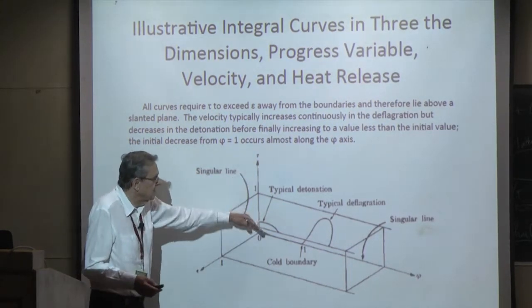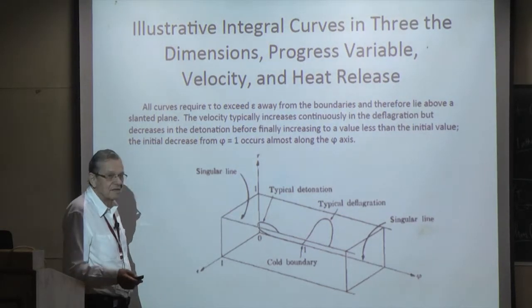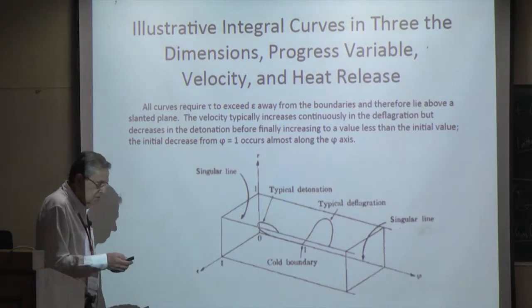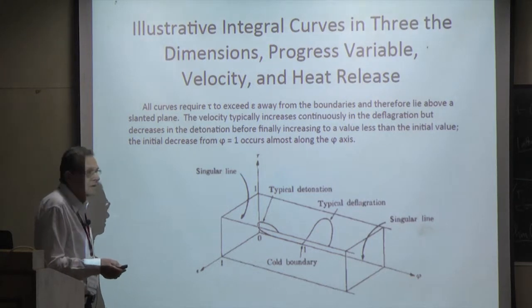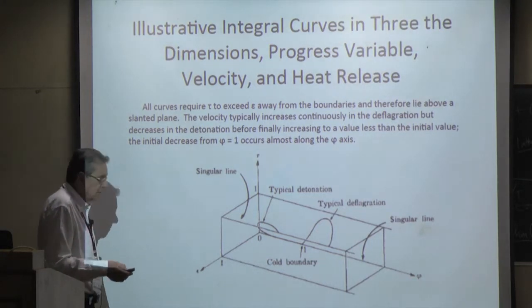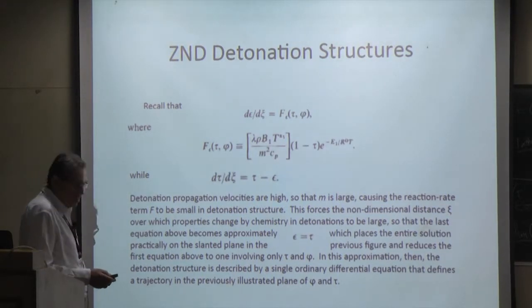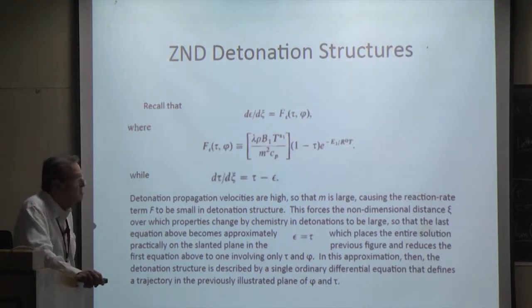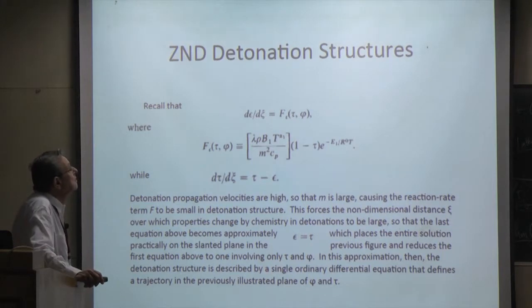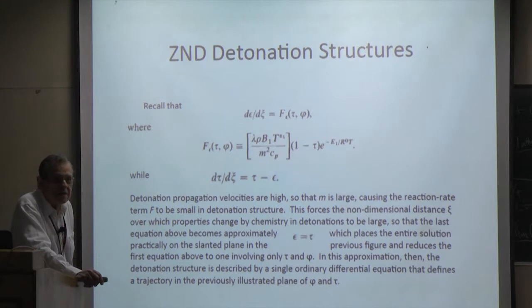It's always, tau has to be greater than epsilon, from the resolution of the cold boundary difficulty. So what I've just described is a structure in which there's a lead shock rather than heat conduction. It's the strong shock that heats the mixture so that it starts to react in the detonation.